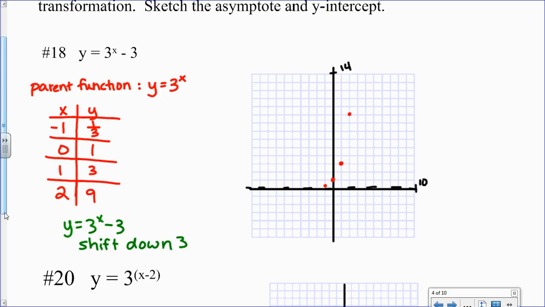So if you shift down 3, does that change your horizontal asymptote? Yes. So I move the asymptote first. So I'm shifting that down 3. So that becomes y equals -3.